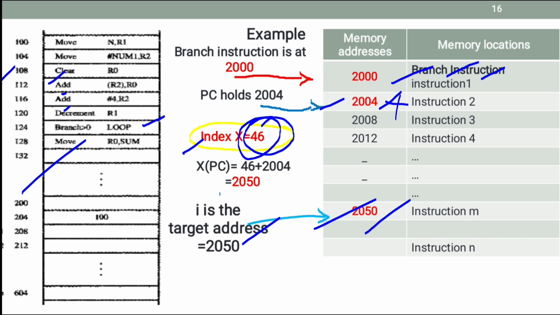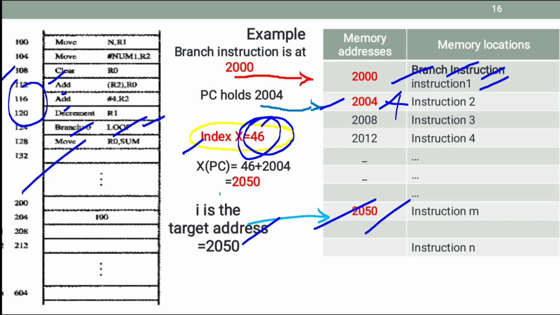Here the offset is 46, positive it is. Here the offset is minus 12, negative it is. So it depends on the offset given by the branch instruction. In case of the loop label, the offset given is minus 12. Here the offset given is plus 46.